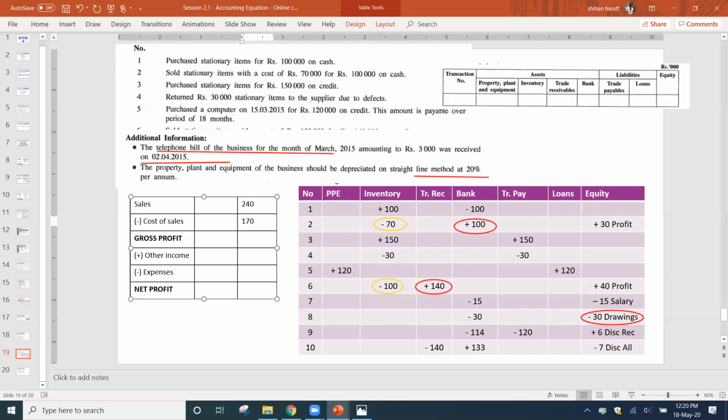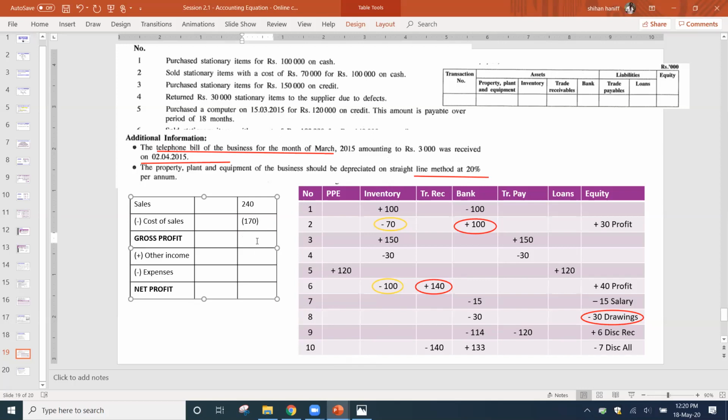Once I explain the income statement and balance sheet, I will do that as well. That is opening stock plus purchases minus closing stock, adjusted for purchase returns, and we take the closing balance. Here, in this question, it is very simple.